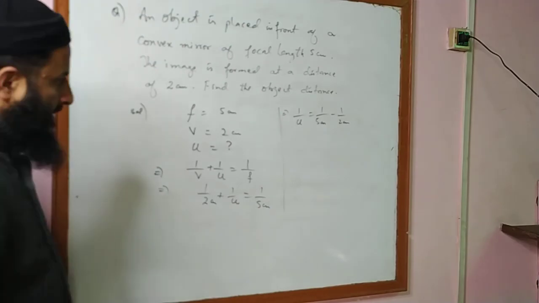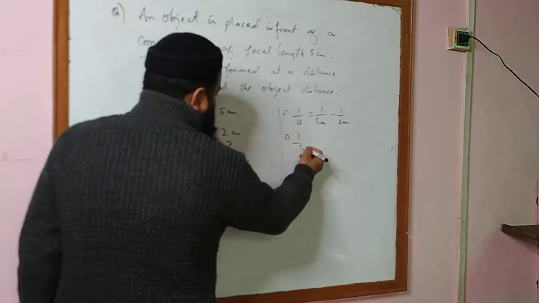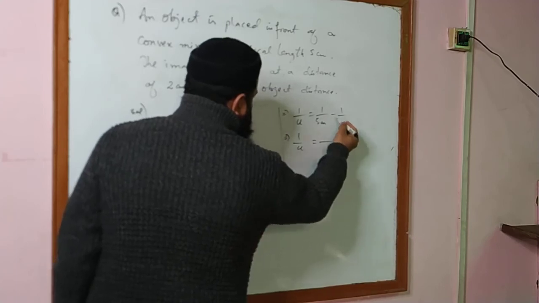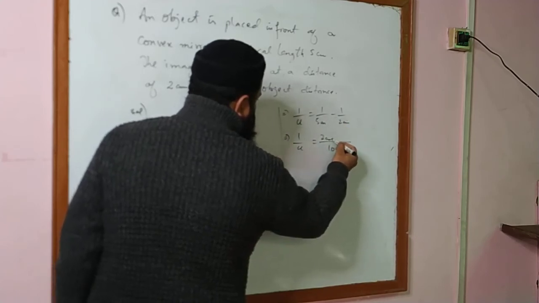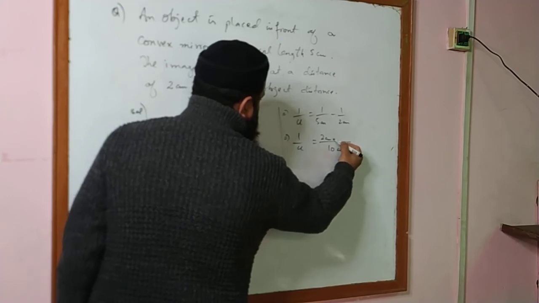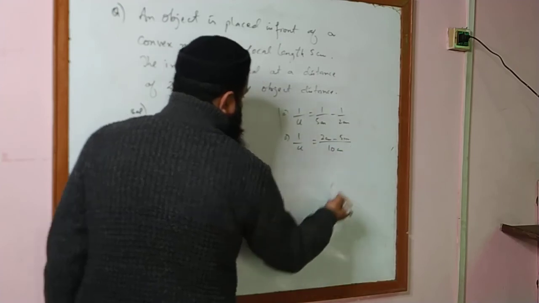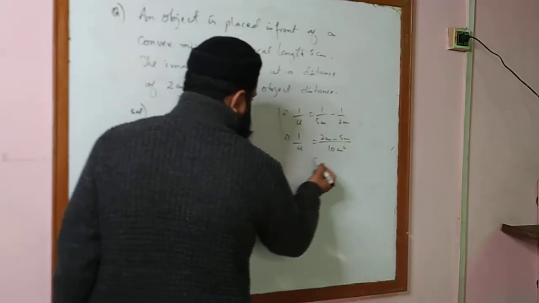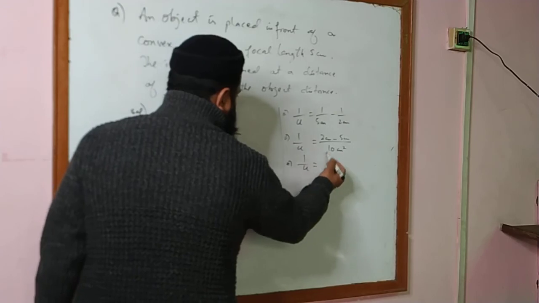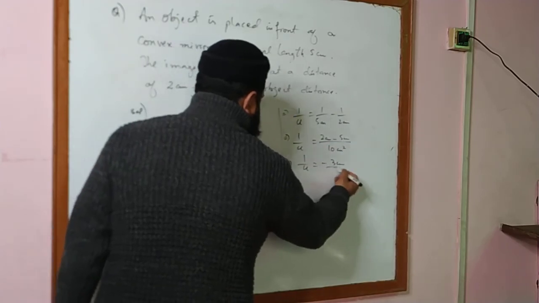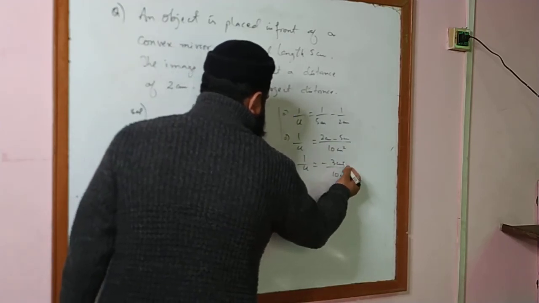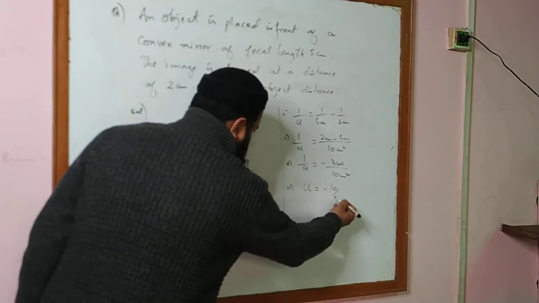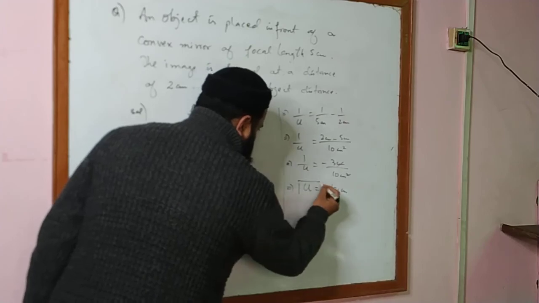So it will be 1 upon u equals, 5 twos are 10 centimeter square, 2 ones are 2 centimeter, minus 5 ones are 5 centimeter. So it is 1 upon u equals 2 minus 5, minus 3 centimeter by 10 centimeter square. Square and centimeter cancel. Surely u will be equal to minus 10 upon 3 centimeter.